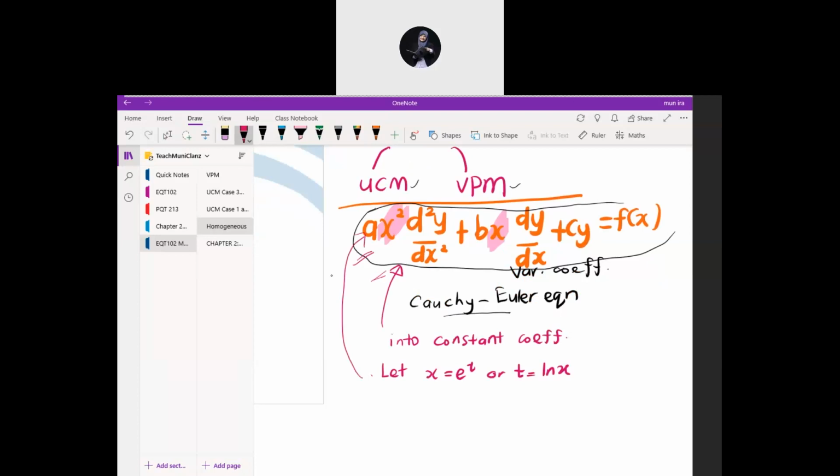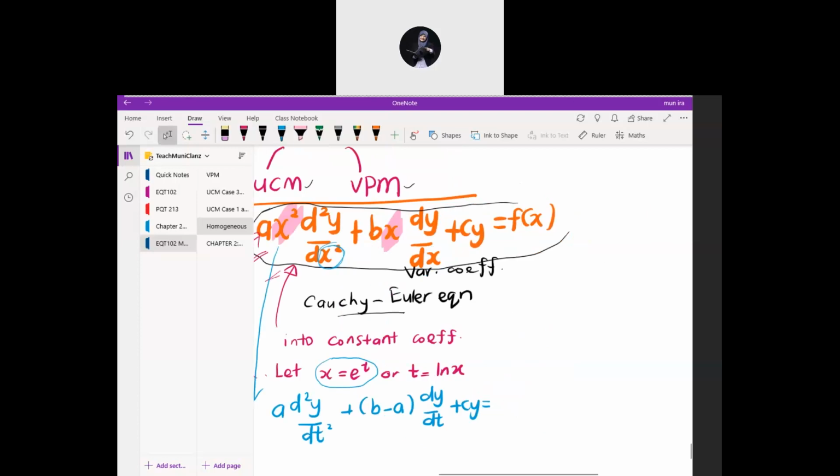Then the equation becomes a d squared y/dt squared plus (b minus a) dy/dt plus c y equals f(e^t).